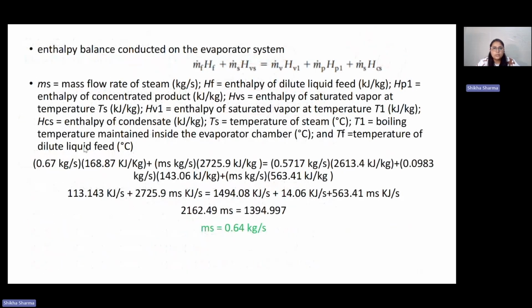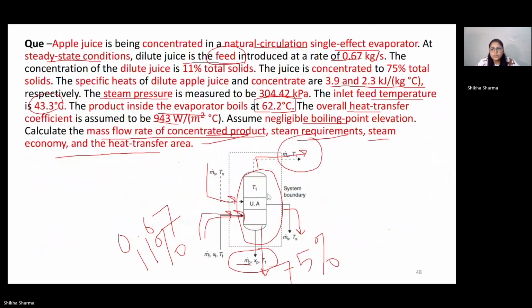This is the overall enthalpy balance of the evaporator system, involving the enthalpy of the feed multiplied by its flow rate: MF into its enthalpy HF, plus the steam, MS, its flow rate, into its enthalpy, is equal to the enthalpy of the concentrated product, MP into HP, plus the steam after exchanging the heat, MS into its enthalpy, plus the vapor enthalpy into its mass flow rate.